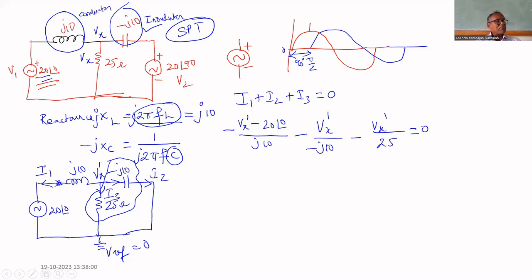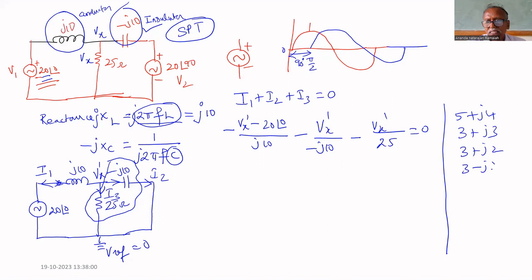A complex number can be represented in 2 ways. One is called rectangular form. How will rectangular form represent a complex number? 5 plus J4, 3 plus J3, 3 plus J2, or 3 minus J2, like that.